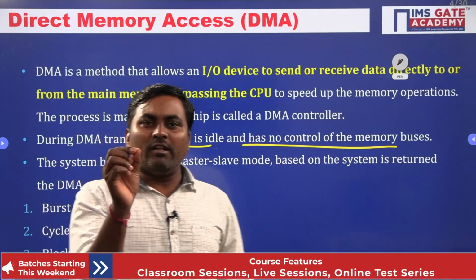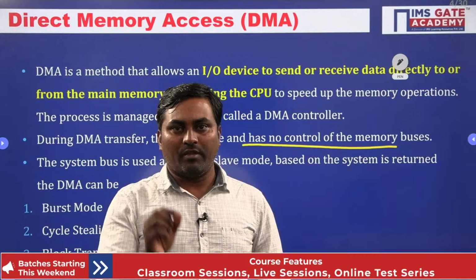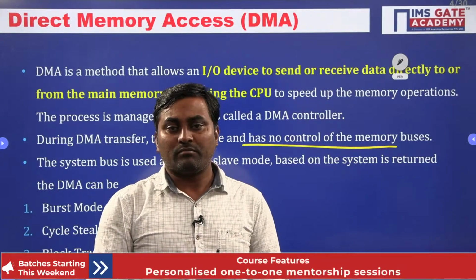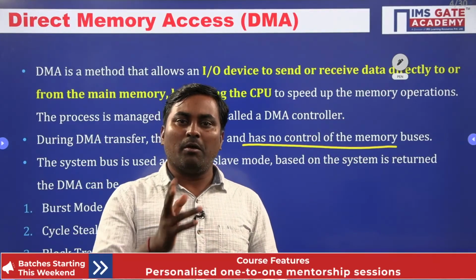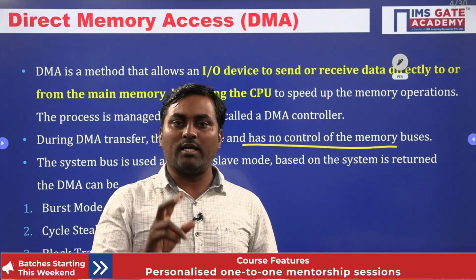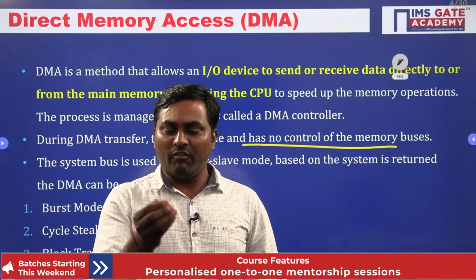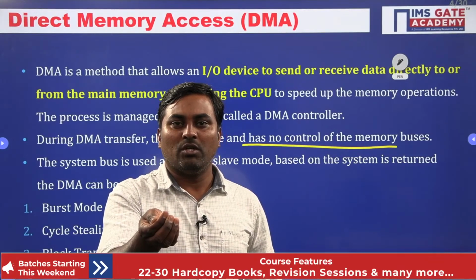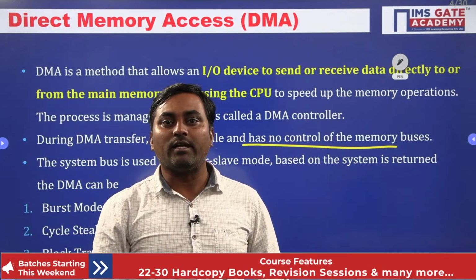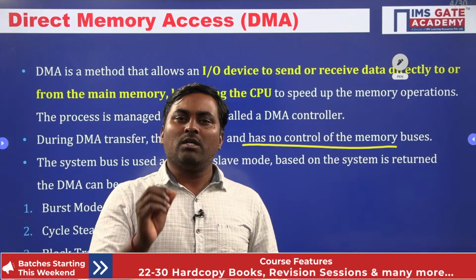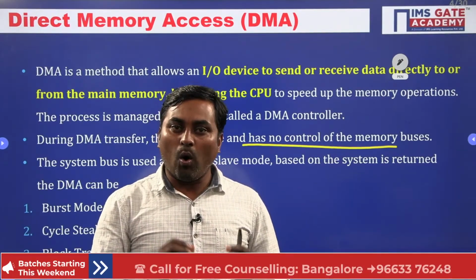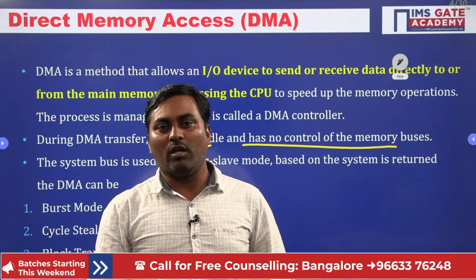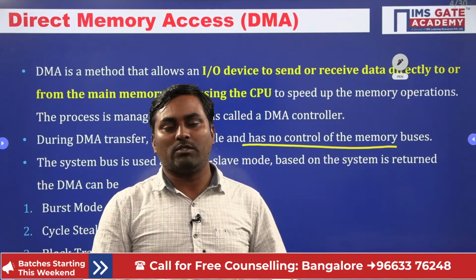In the single bus architecture, the system bus is shared between the processor and the DMA controller as master and slave. Whenever the DMA takes control of the system bus, the CPU has to sit idle. In some cases the processor can also work parallelly to the DMA controller, when it does not require the system bus.